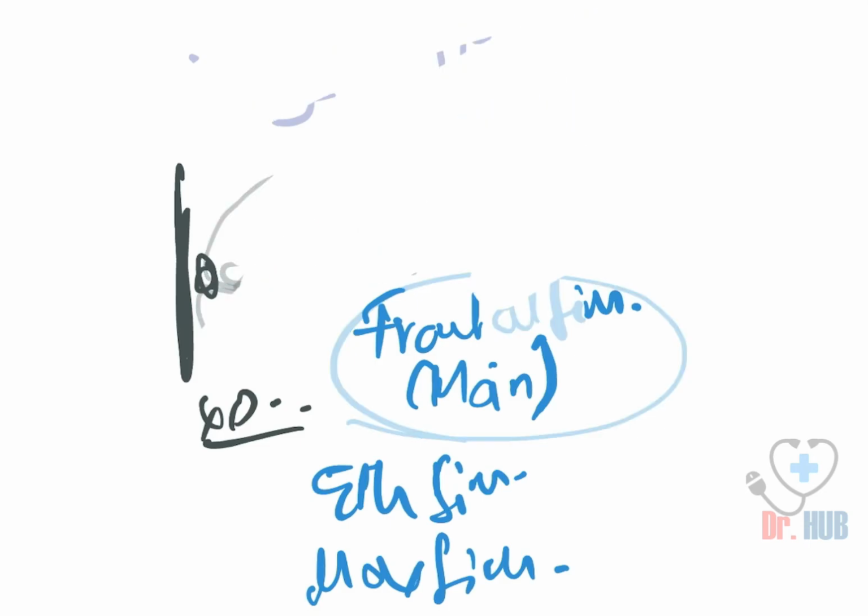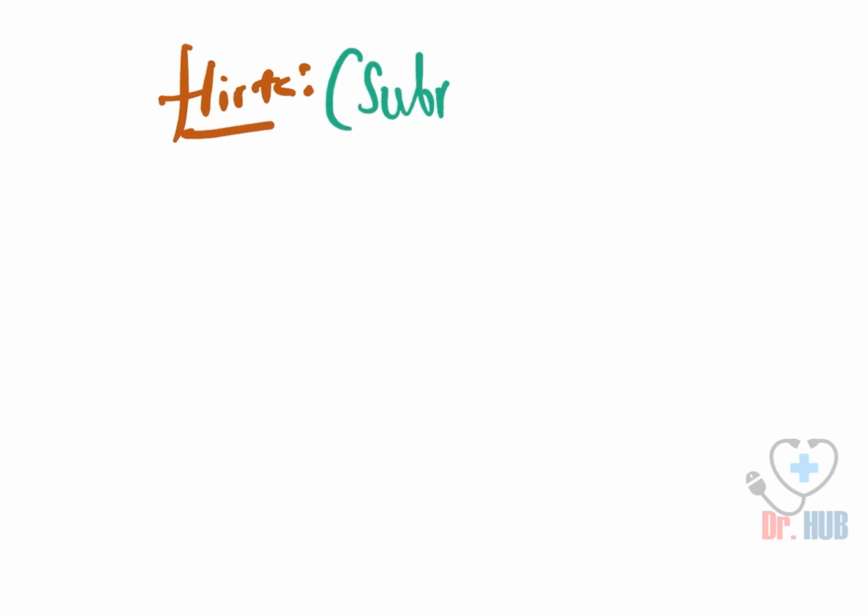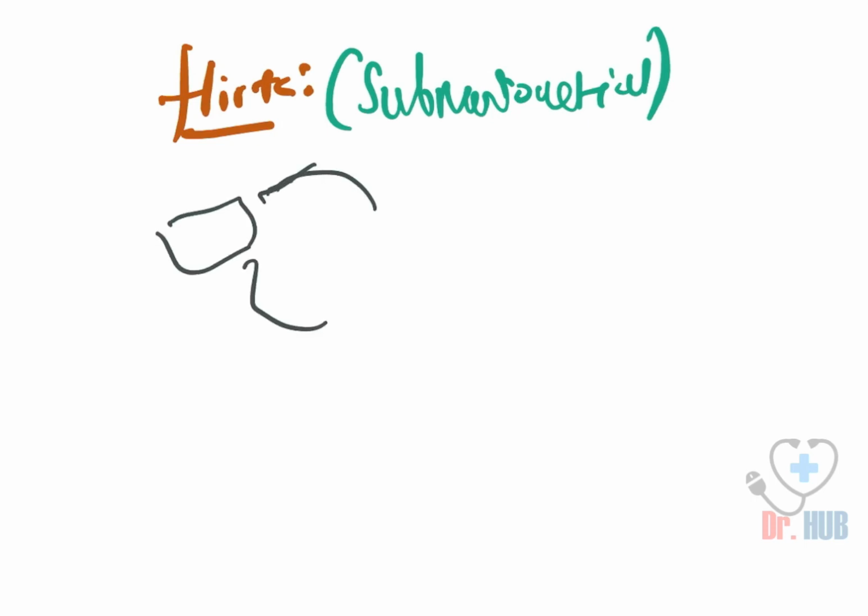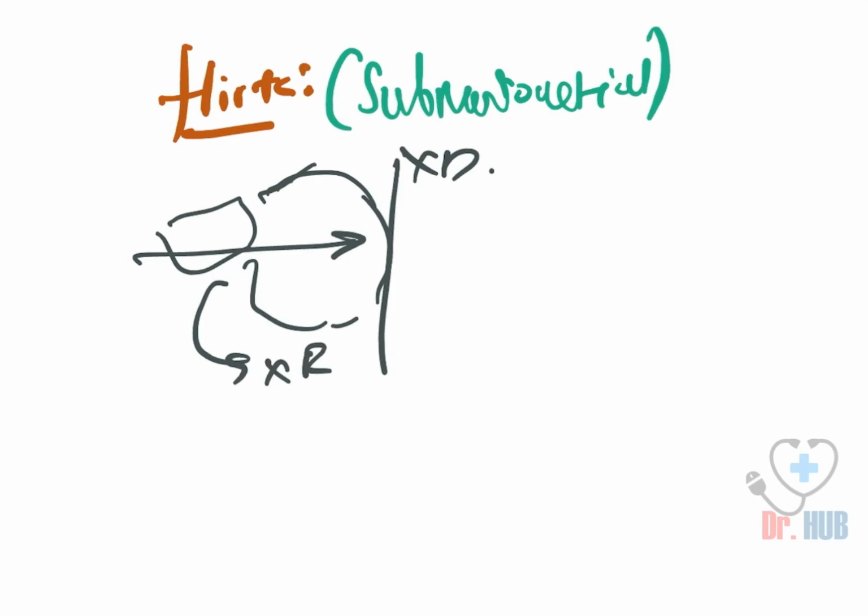Next, we move on to the Hertz view. The Hertz view is nothing but the submentovertical. So the head is positioned like this. The beam will come this way, and this is the X-ray detector.